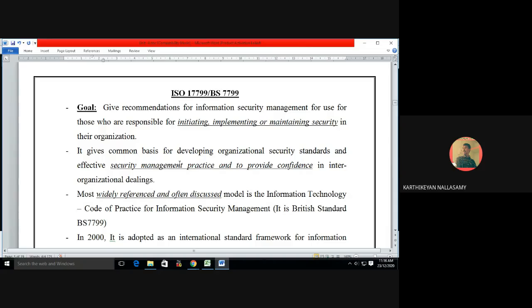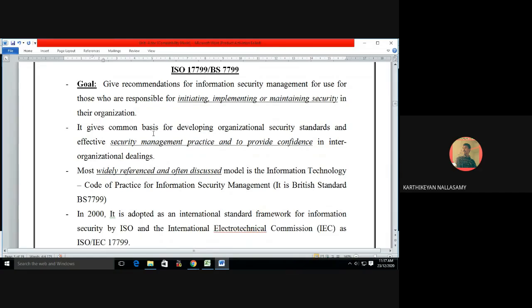It gives us different security management practices and provides confidence for international organizations' dealings. It is a commonly used, referenced, and often discussed model, a code of practice for information security management in information technology. It is a British standard.